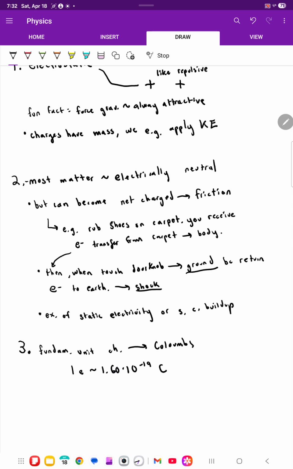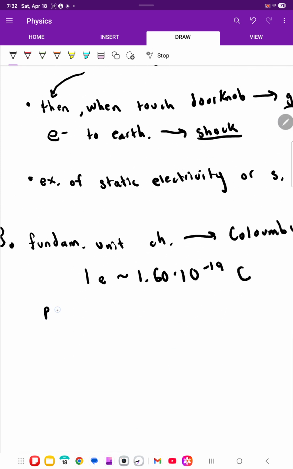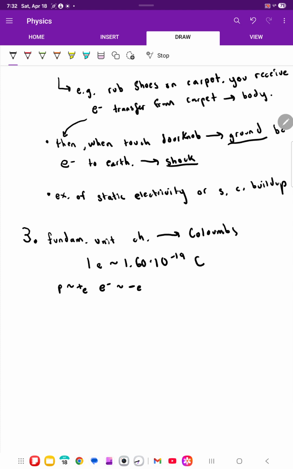A proton has a positive charge, but an electron has a negative charge. They both have equivalent values of 1.60 times 10 to the negative 19th coulombs, even though the signs differ.